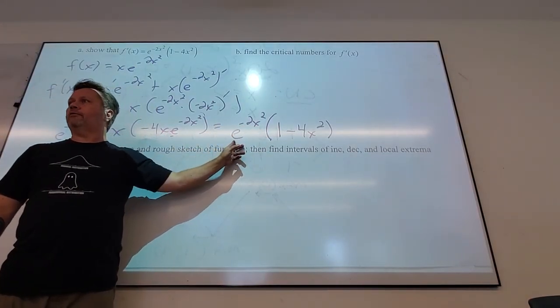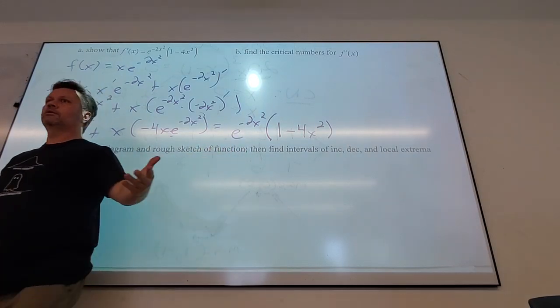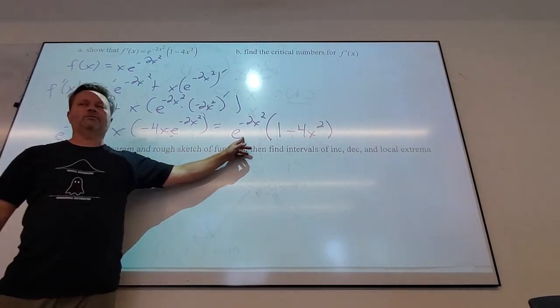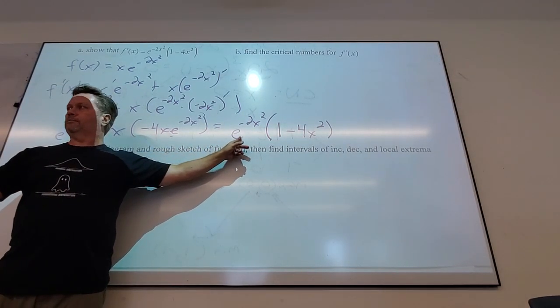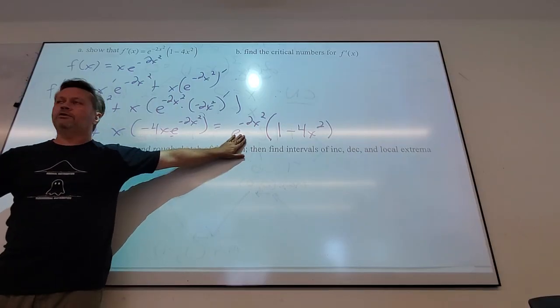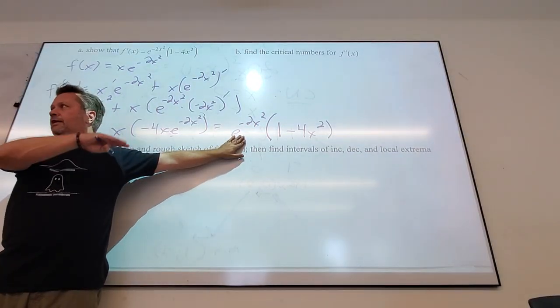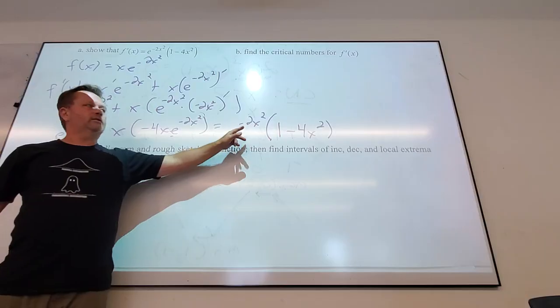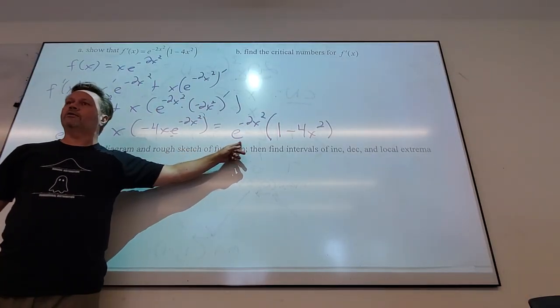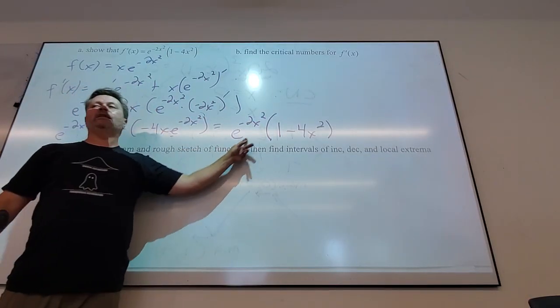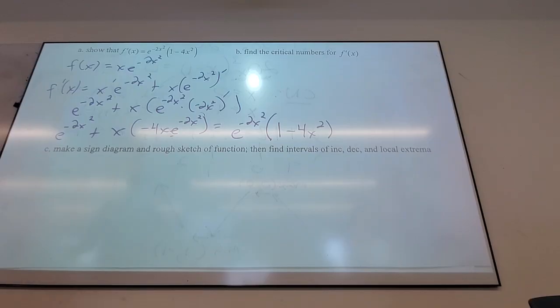Is there any number you can't raise e to? No. So, does this give me somewhere that it's equal to 0? Can I make this 0? What did we just say? There's a freaking asymptote there. I can't go there, yes? Does this guy ever go undefined? No. Does he give me any critical numbers? No. Do you guys see that?